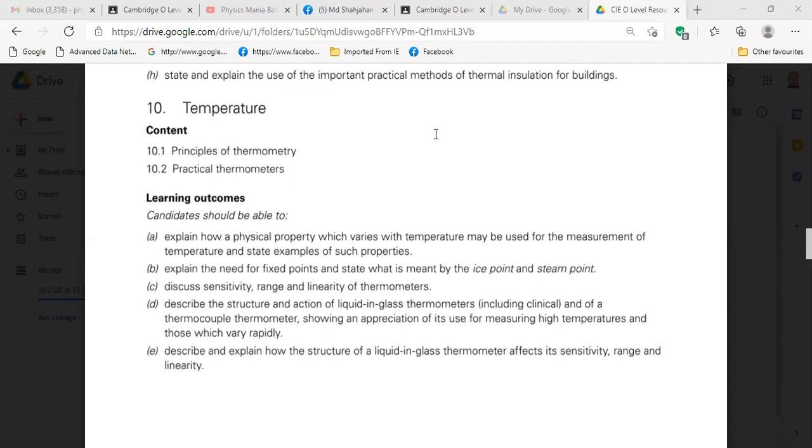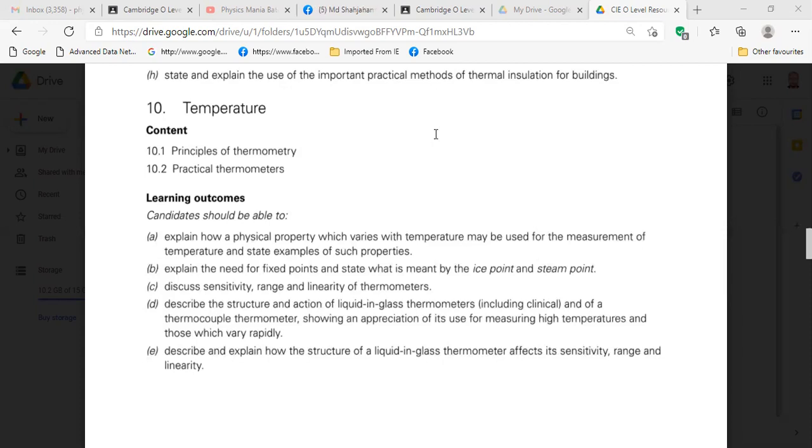So we are using here two types of metal wires, where the two ends of these two metal wires are placed in a cold container or ice, and another part is kept in the place where we need to measure the temperature.